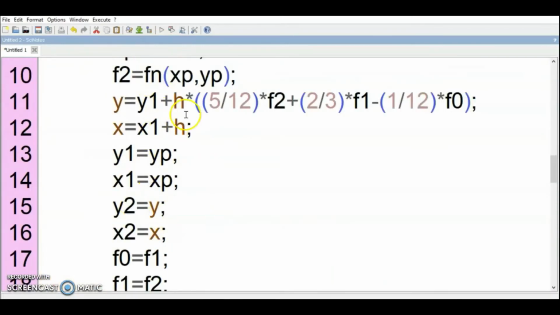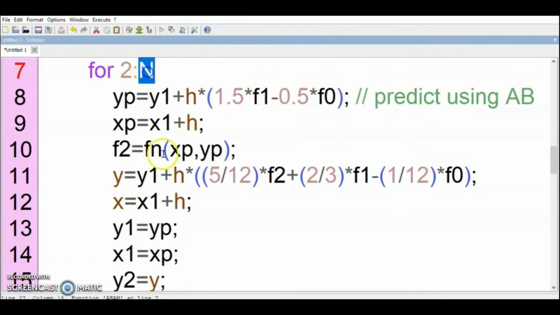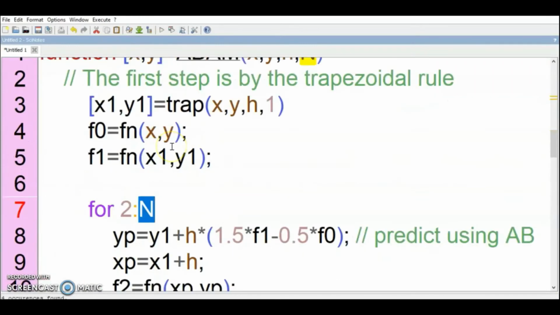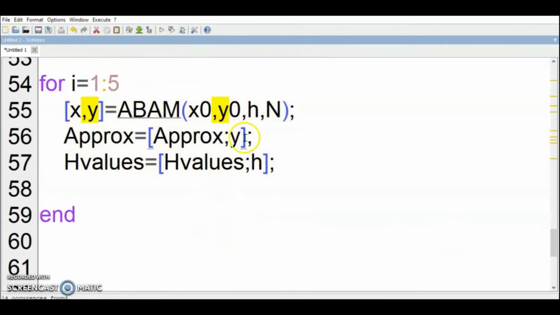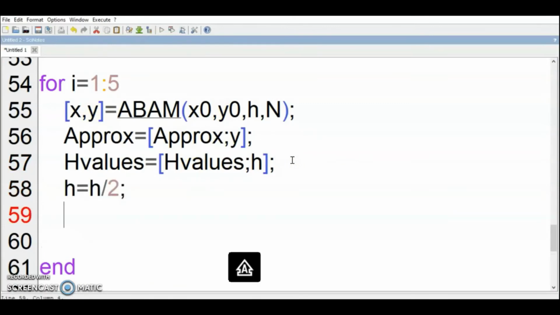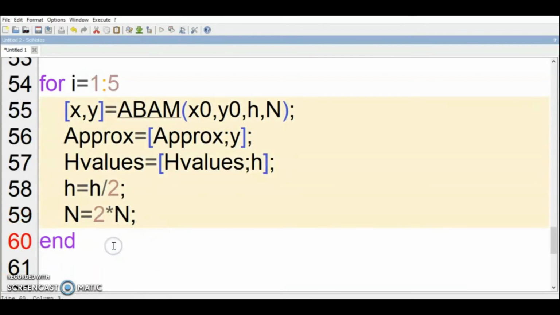There should be whatever value here for 10 iterations, right? But the last values are going to come out as my x and y. And then I'm going to divide the h by 2 to produce the log-log plot and increase the number of n. That's it. Now, how to find the error?